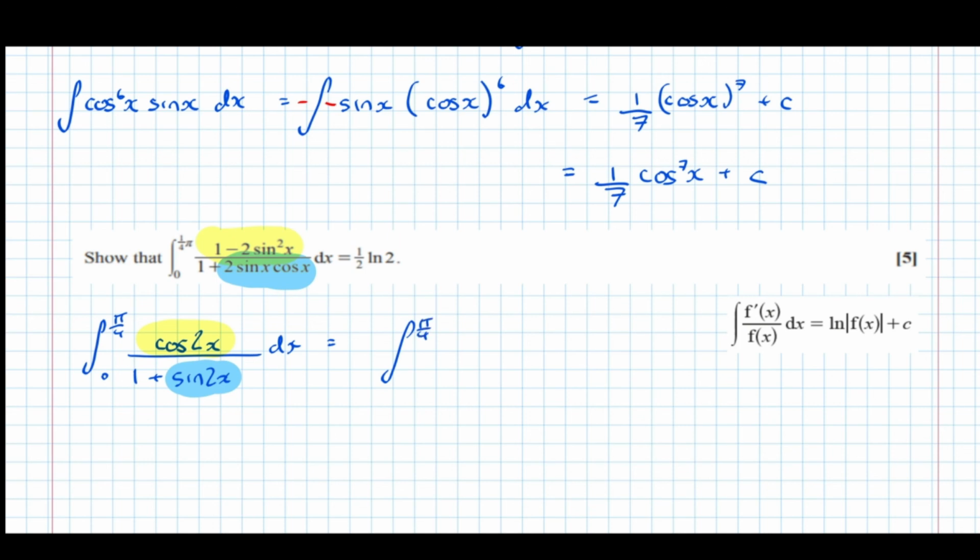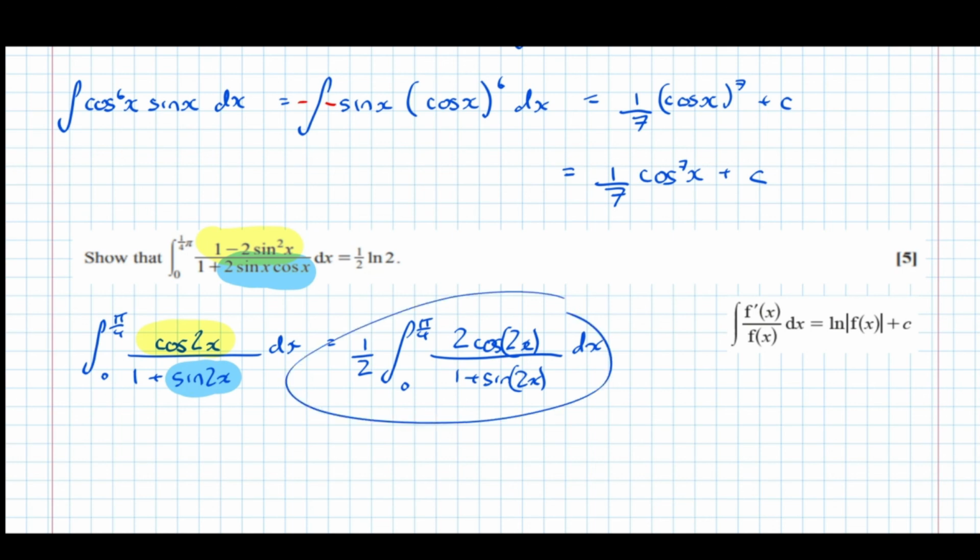So let's write the question out in such a way that it makes it obvious that it's f dash x over f of x. 1 plus sine 2x. But I can't really just change the question like that just by introducing the 2. So I'm going to have to adjust for it by making it a half outside there. So that is the original question, but written in a way that makes it obvious that we can use that rule there.